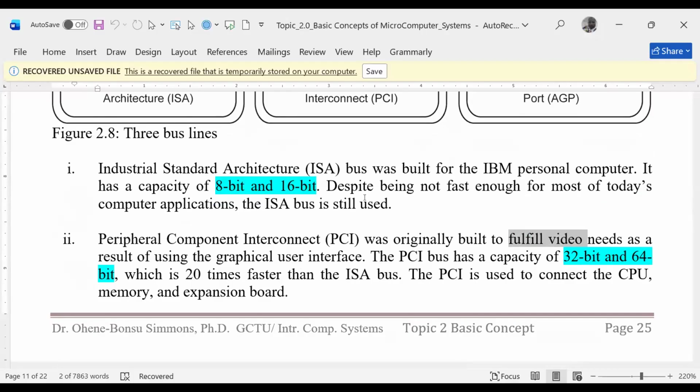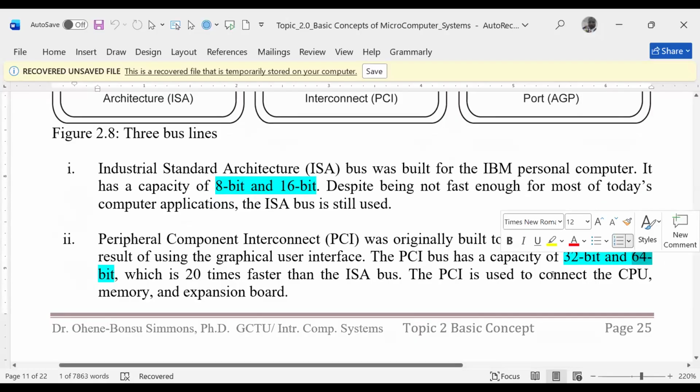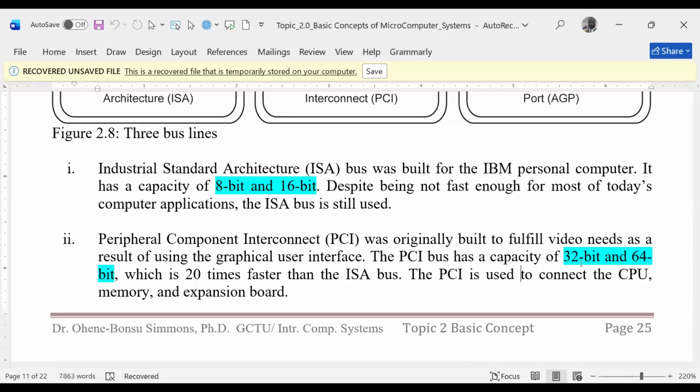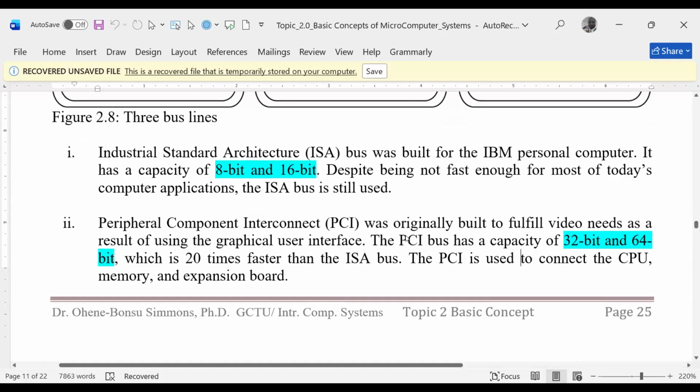There are some programs that, if your processor's strength, the PCI is not 64, you cannot install on your computer. Some support 32-bit, some 64, more advanced. So when you are buying a computer, not just the processor, you also need to consider the type of PCI. Is it 64, which is faster than the ISA, or 32? The 64 is about 20 times faster than the ISA.